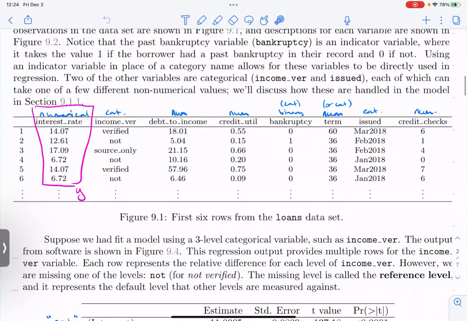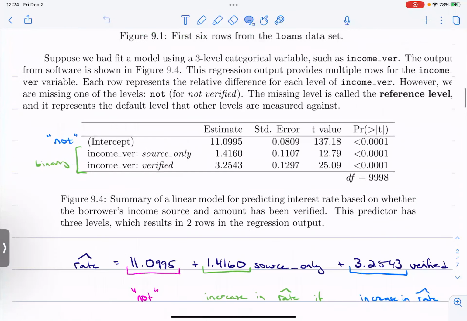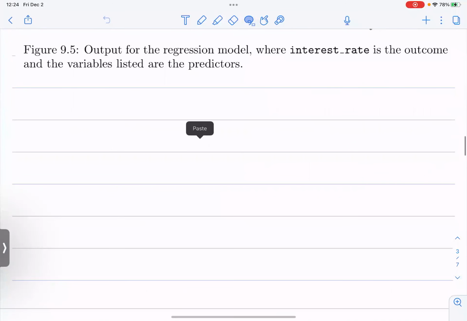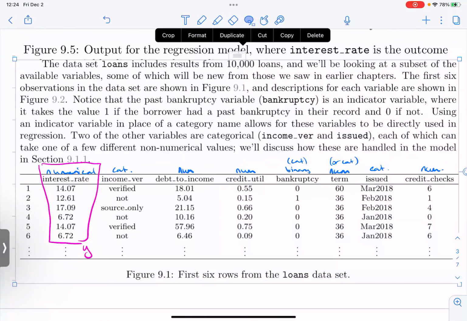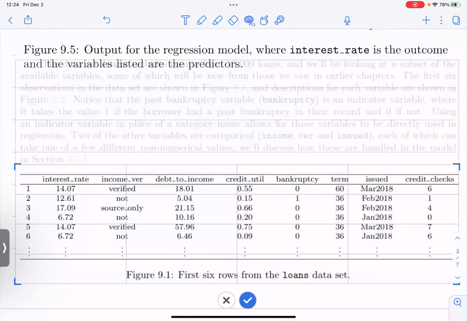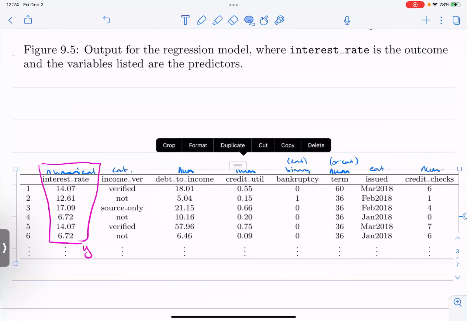I want to show how to find the predicted value of the first observation.